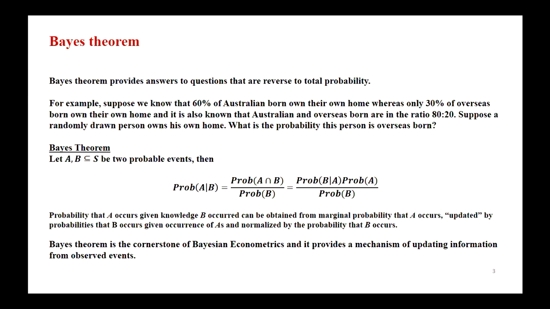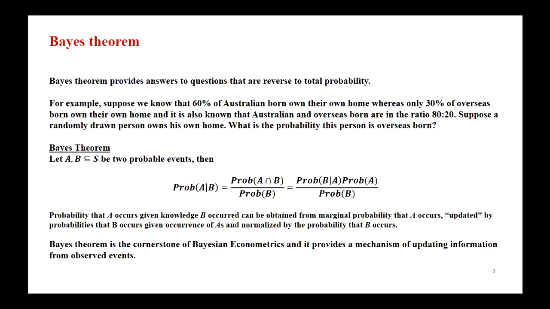Let me define Bayes' theorem and prove it as well, and then there's a little example here which you can have a go at in your own time. Bayes' theorem says the following. If A and B are two probable events, then the probability of A given B is the probability of B given A times the probability of A, divided by the probability of B. That is Bayes' theorem.